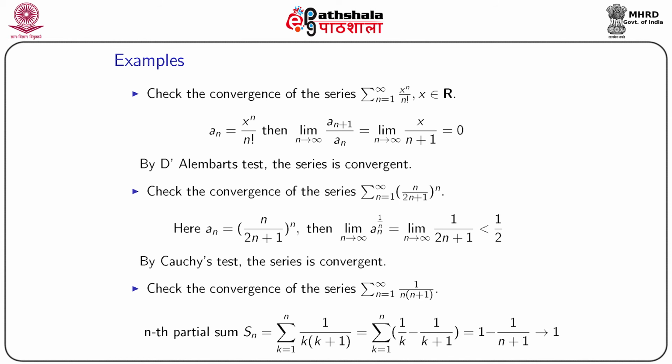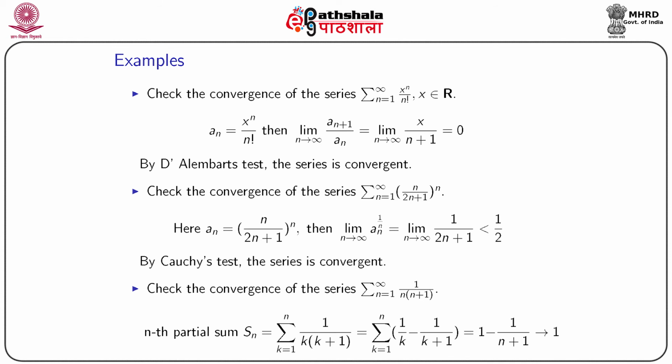Now if we take the ratio a_(n+1) over a_n and take the limit as n tends to infinity, it boils down to the limit of x over n plus 1. Now as n tends to infinity, this term goes to 0. So by D'Alembert's test, this series is convergent.